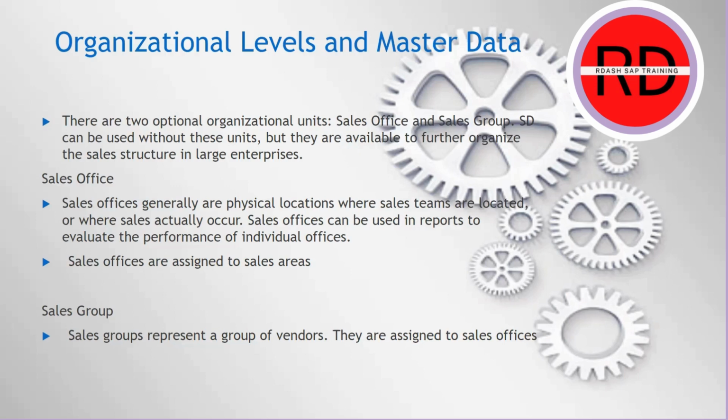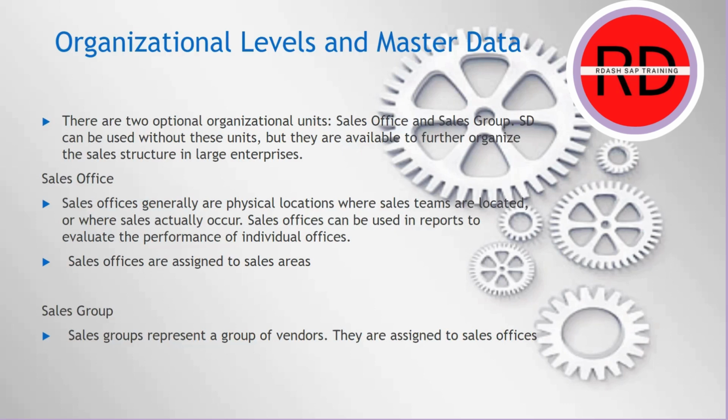If you have multiple sales offices and multiple salespeople managing your customer orders, in that case you will have the sales office. Sales offices are generally physical locations where sales teams are located or where sales actually occur. Sales offices can be used in reports to evaluate the performance of individual salespeople.